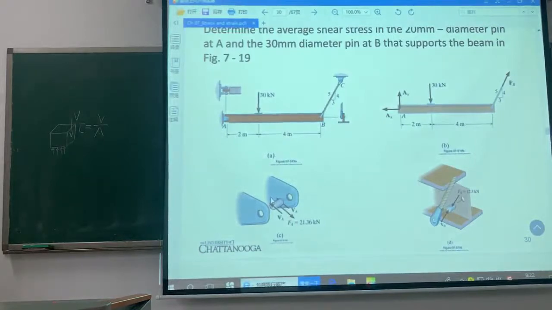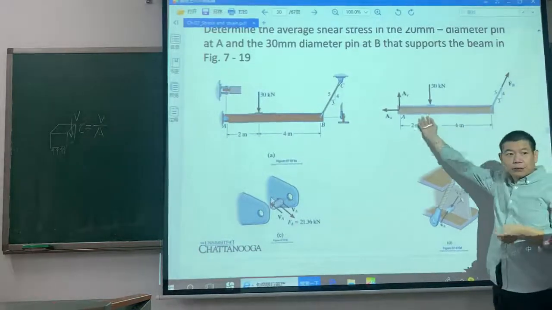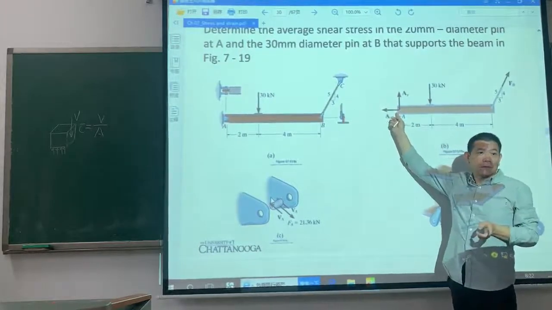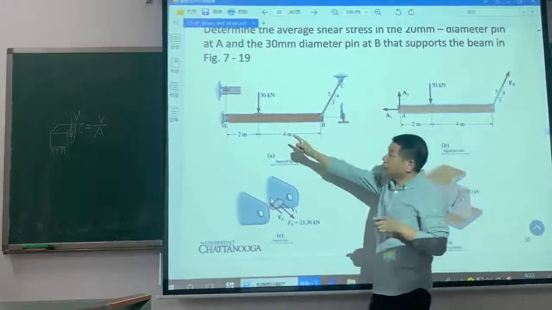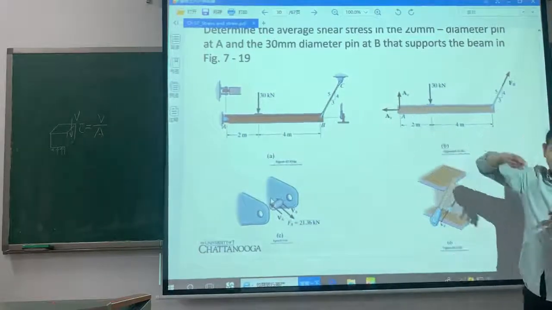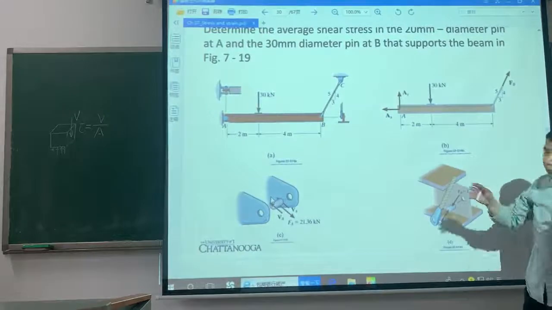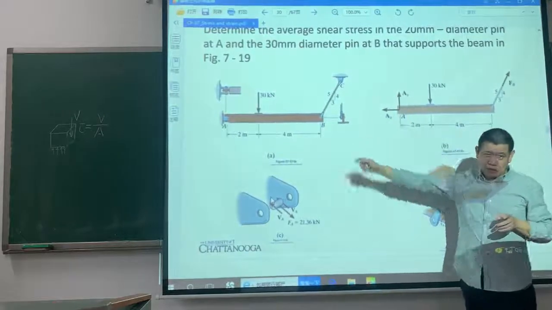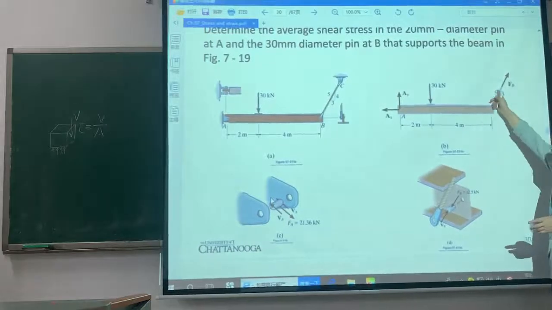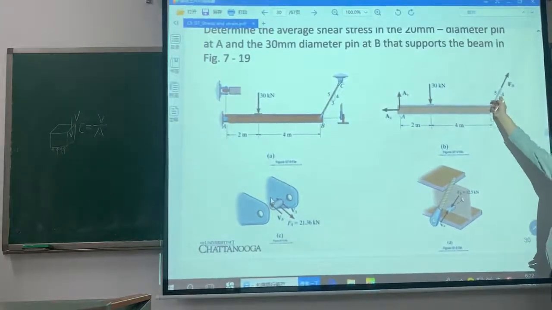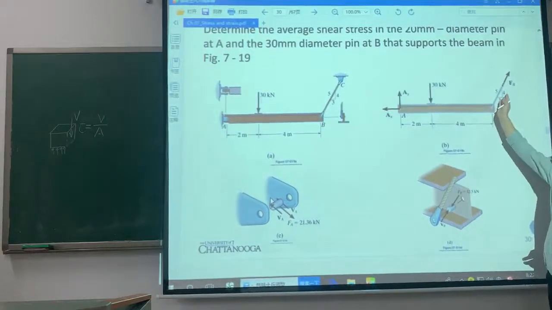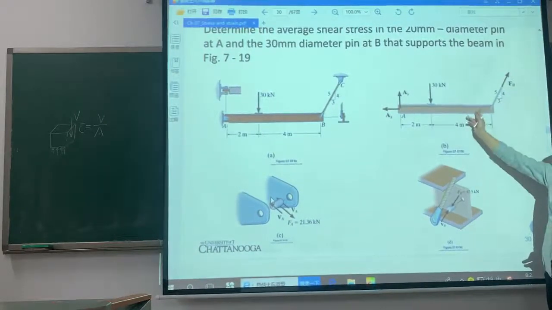We draw the free-body diagram. Because it's a pin support, there are two force components, A_y and A_x. For this one, because it's a link, there is a force along the link, directed away from the body.